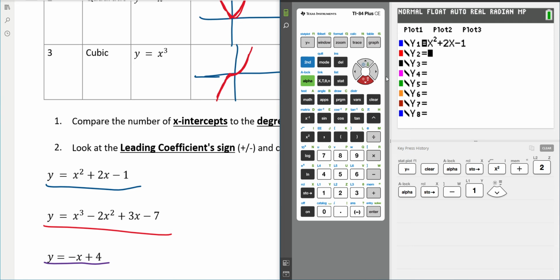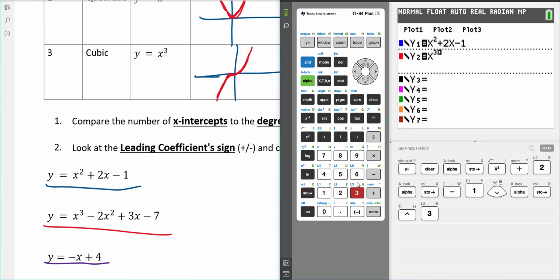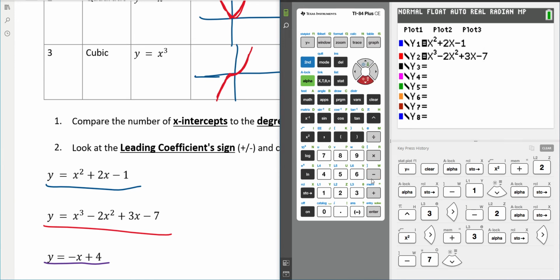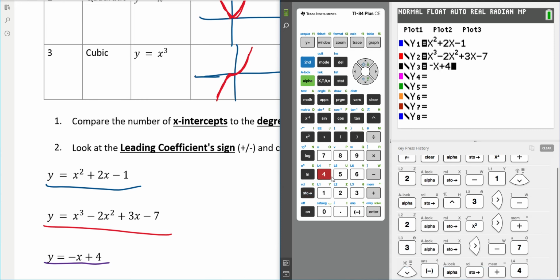Okay, our second one is going to be in red. So if you guys aren't sure what I'm doing here, you can definitely take a look at the next video, which I'm going to go through and explain this a little bit more in depth. But here I just wanted to show you guys some of these functions pretty quickly here. Minus 7. And the last one is negative x plus 4.